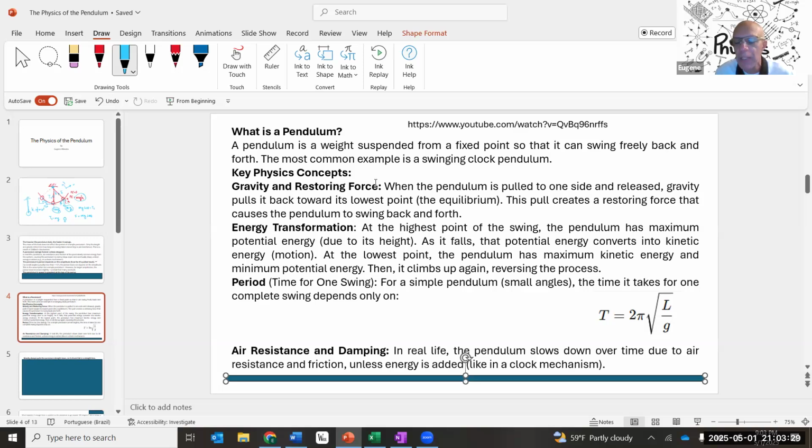But if I move it some amplitude, it creates this unbalanced restoring force that pulls it back to its equilibrium, and then it starts swinging back and forth. The energy transformation is another aspect, the potential energy being converted into kinetic energy, and then you have the period, okay?